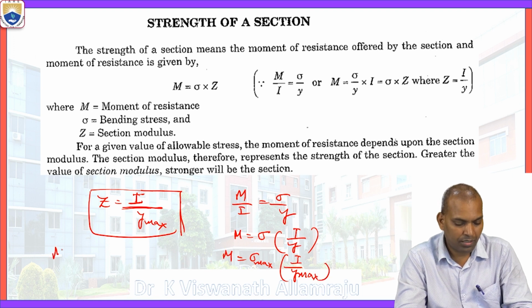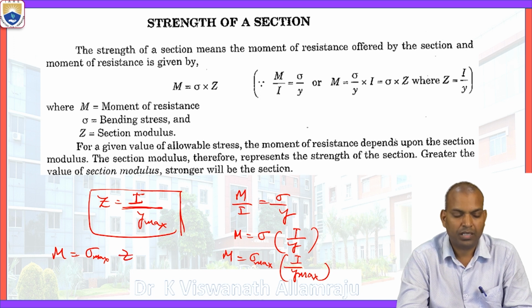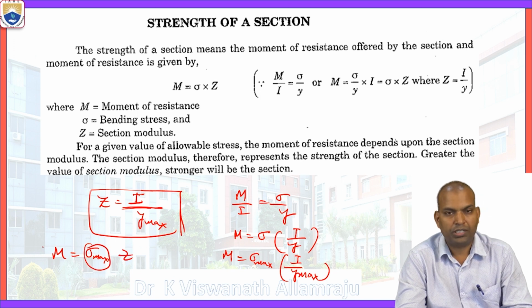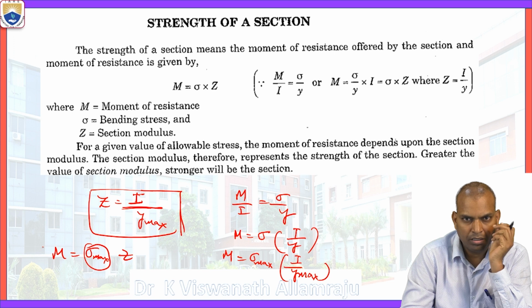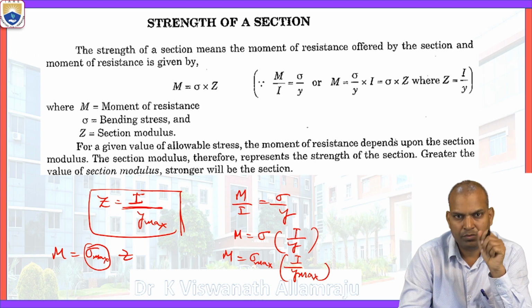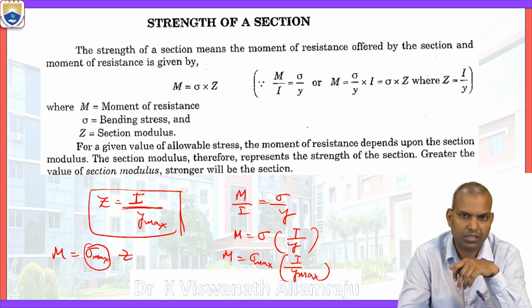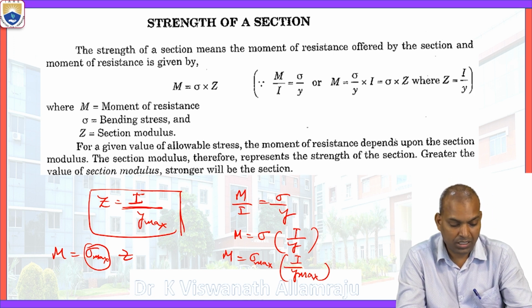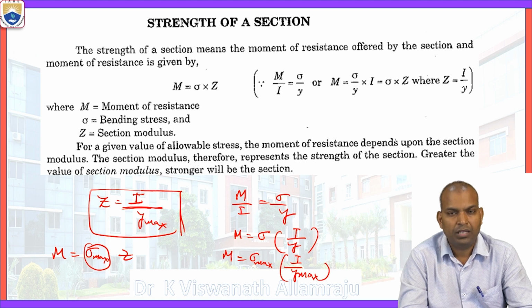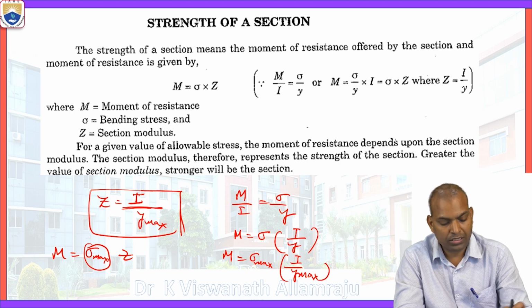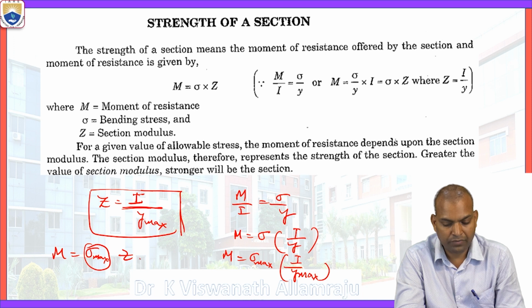Then M equal to sigma maximum times Z. For a given stress, the maximum moment of resistance is dependent upon section modulus. If section modulus is higher, then the moment of resistance becomes higher. Thus, section modulus represents the strength of the section.